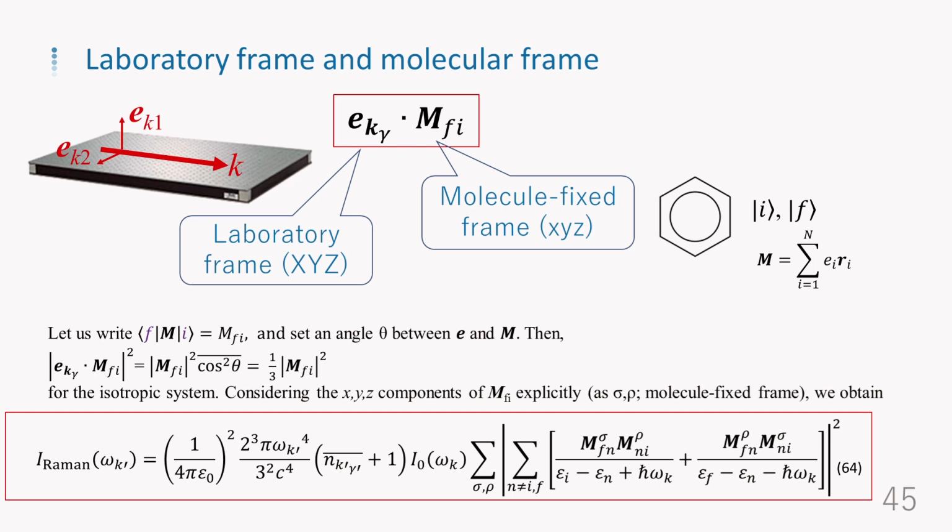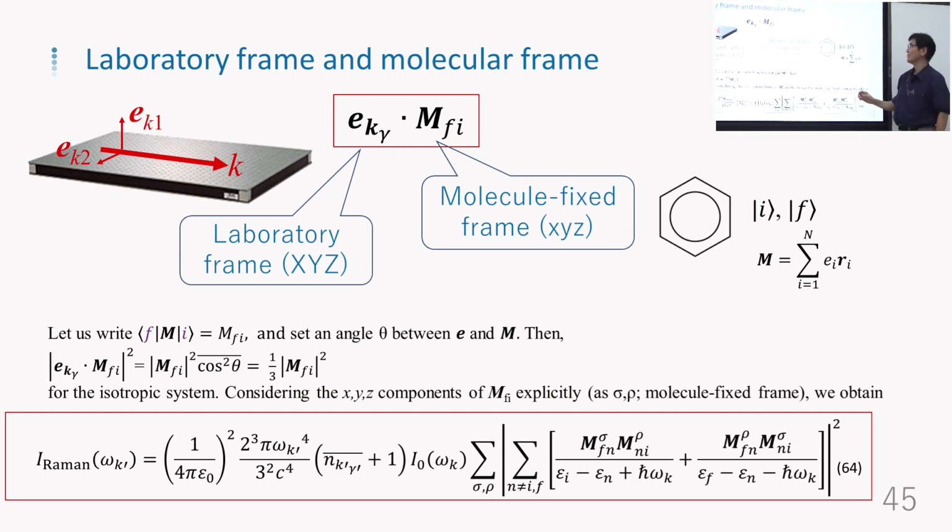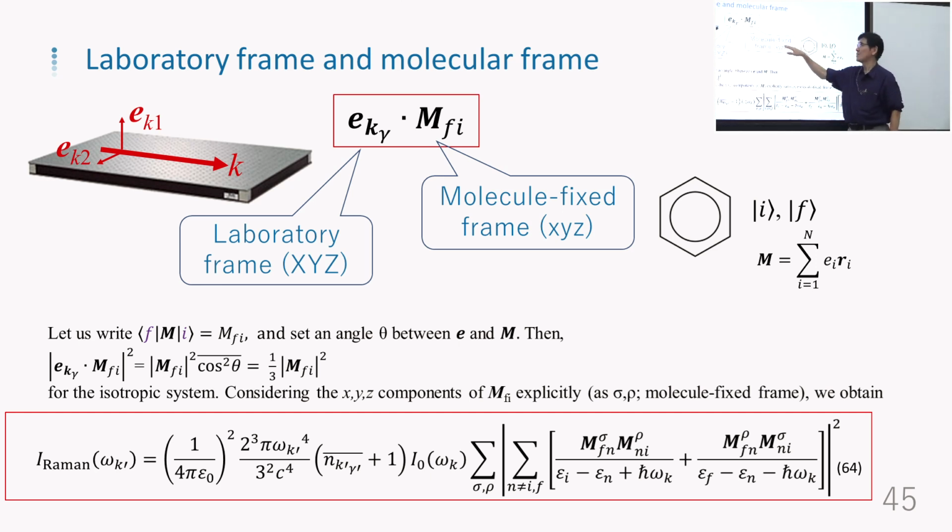Okay? There is no reason to use the laboratory frame to describe the x direction of a bending molecule. Always we set the x and y on this figure. So these parameters are defined in the molecule fixed frame, not in the laboratory frame. So this is a small xyz.